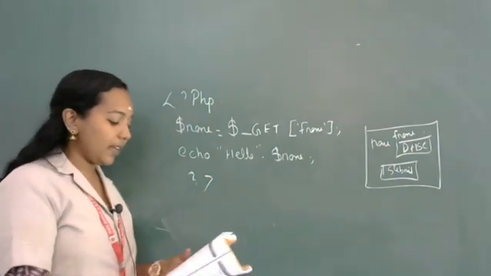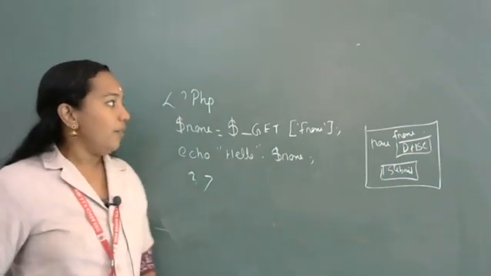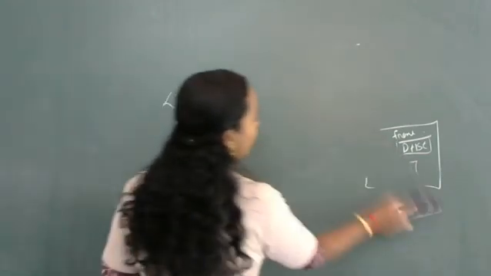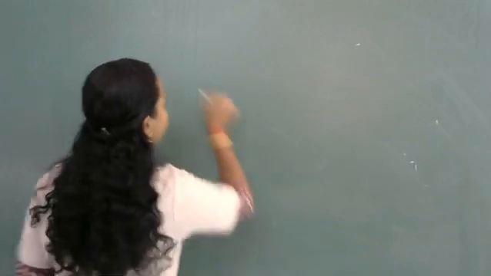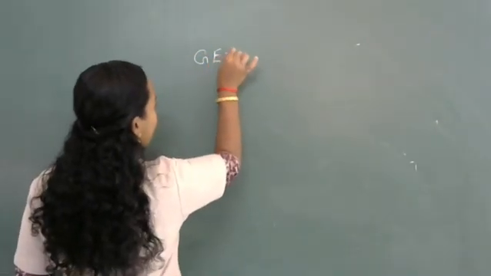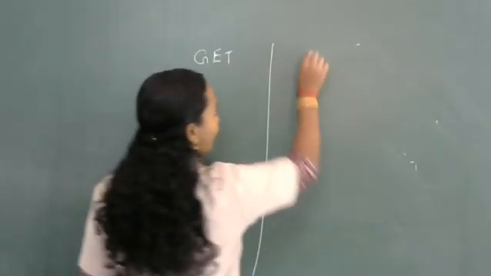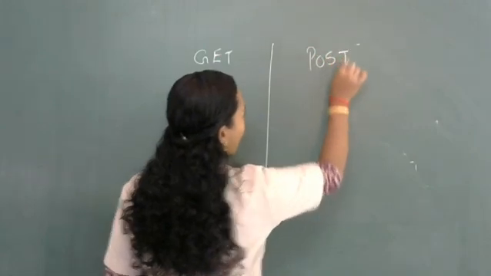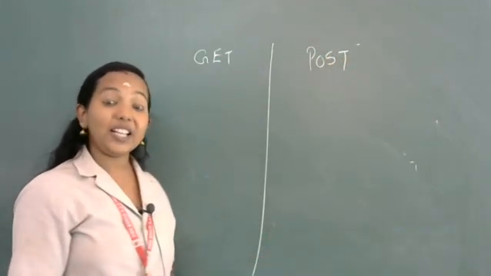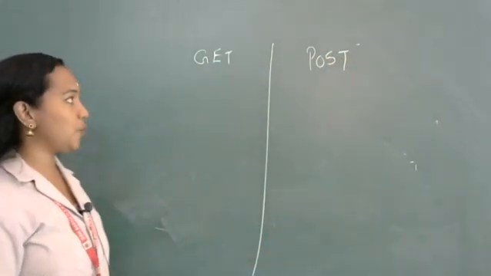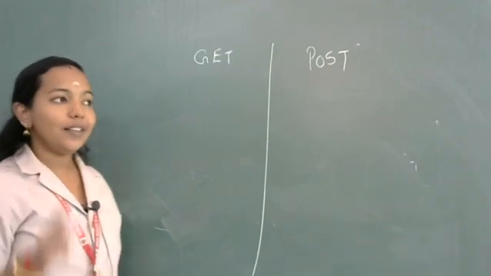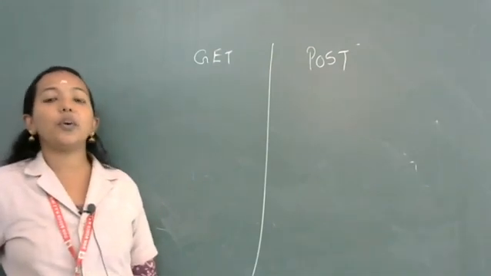Then next one, which method is most suitable for HTTP? We are going to compare the get and post methods. Both are used for HTTP request. There is one speciality for the get method.